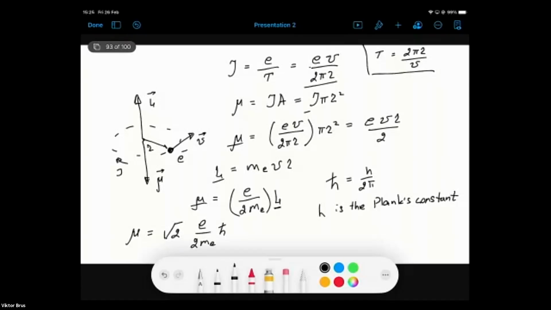Thus, we have many electrons, but the net magnetic moment originated from this angular orbital motion of electrons is very often equal to 0. And that's why we do not observe magnetic features in all materials.